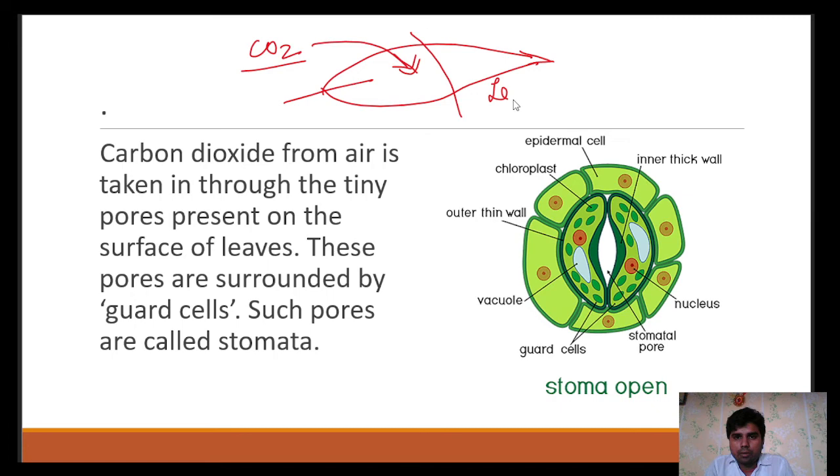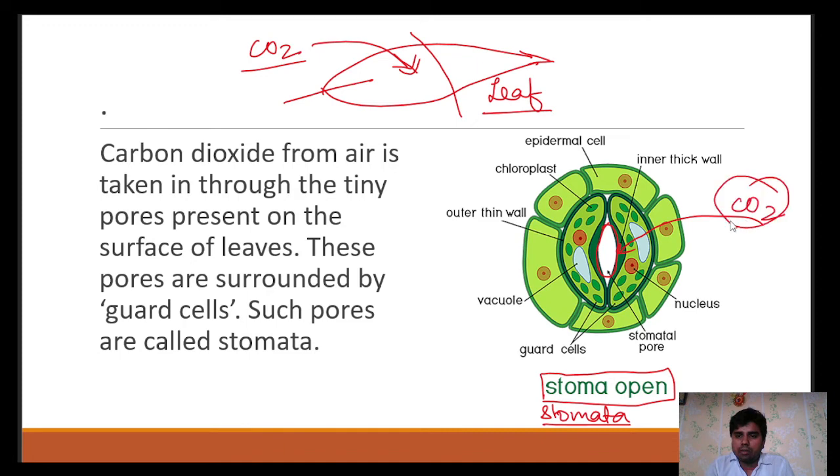So we can see here the stomata has a pore inside it. Alright, and through this pore only carbon dioxide enters the leaf, and also after the formation of food, oxygen will be liberated out through this stomata only.